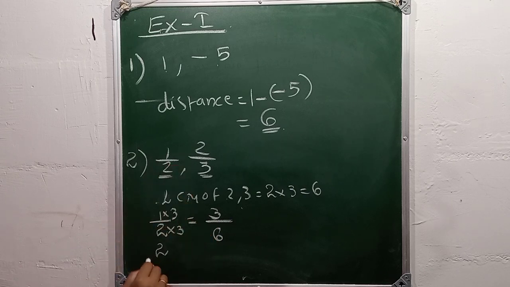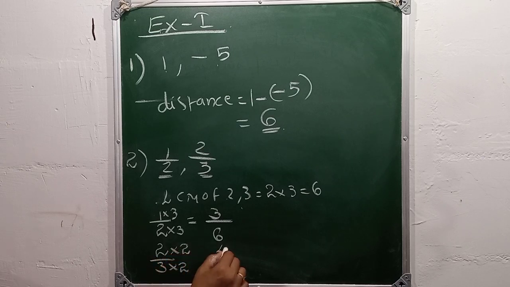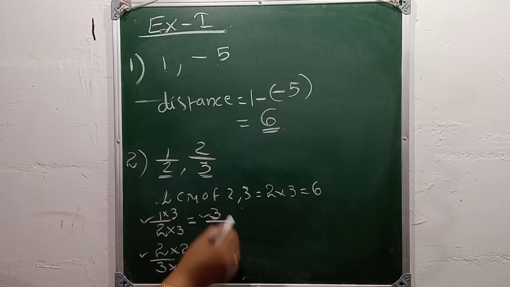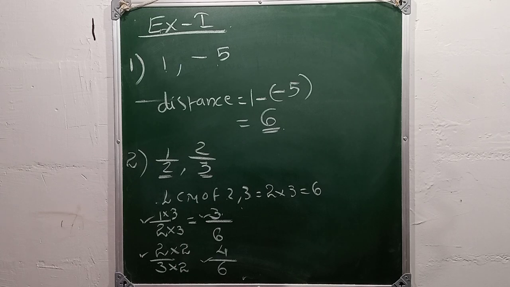Similarly, an equal fraction of 2 by 3 with the denominator 6: 3 into 2 is equal to 6, then 2 into 2 is equal to 4. 4 by 6. That means 2 by 3 is 4 by 6, and 1 by 2 is 3 by 6. Then from 3 by 6 and 4 by 6, which one is larger? We know that 4 by 6 is larger. That means 2 by 3 is larger.